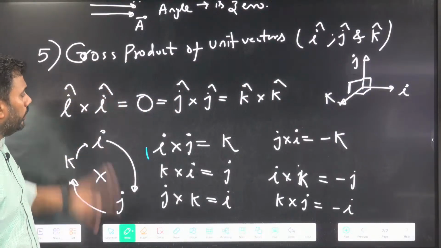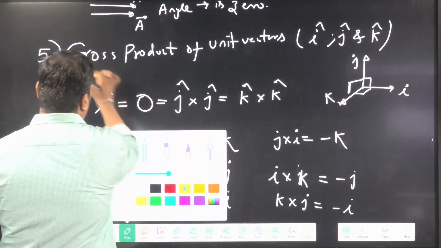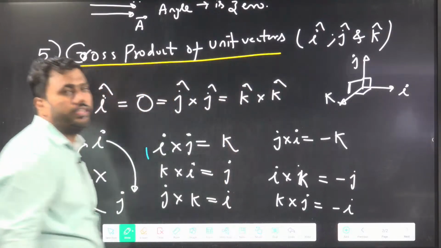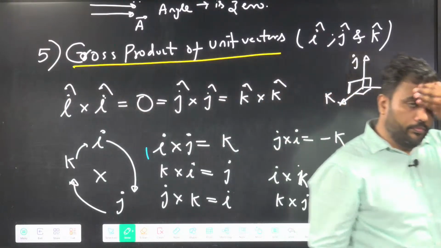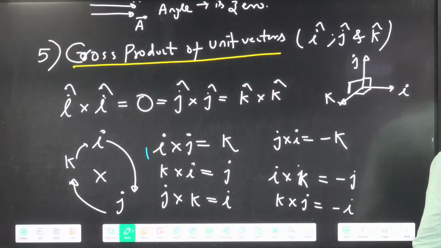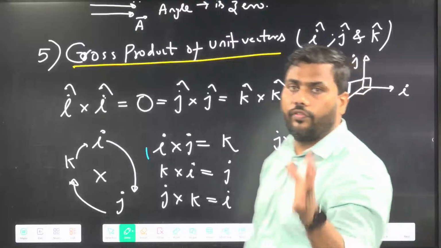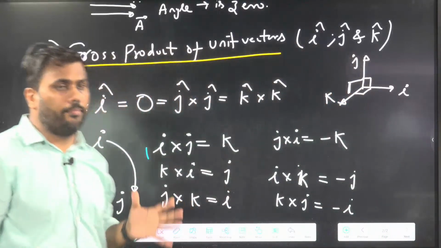So this is the cross product of unit vectors. We have discussed the cross products of unit vectors i cap, j cap, k cap. Is this clear?